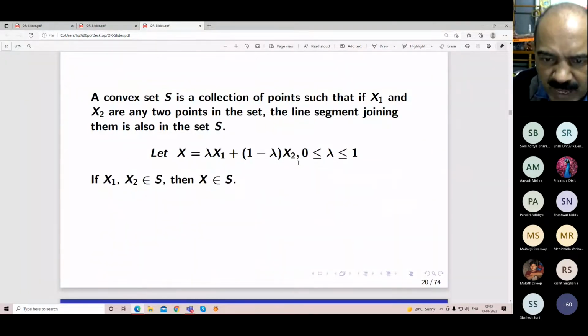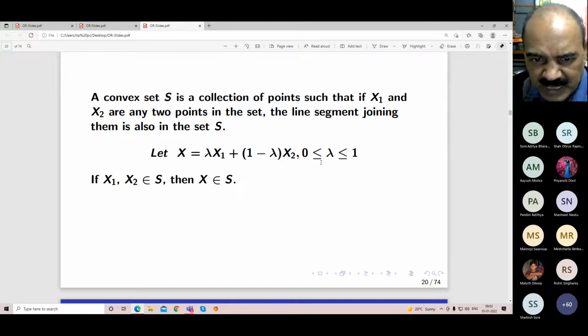See, once you set lambda equal to 0, what will happen? 0 into x1 is gone, and x is becoming x2. These are the two ends, one end is x1, the other end is x2.